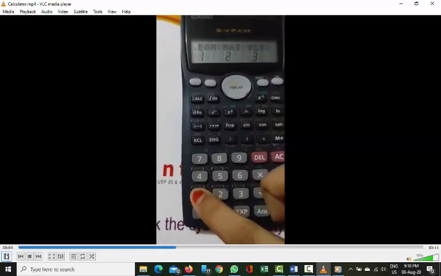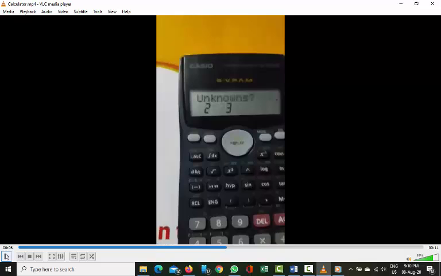After you press 1, you will see in the calculator display a question appear: unknowns question mark. Unknowns question mark means the calculator wants to know how many variables you have in the equation.